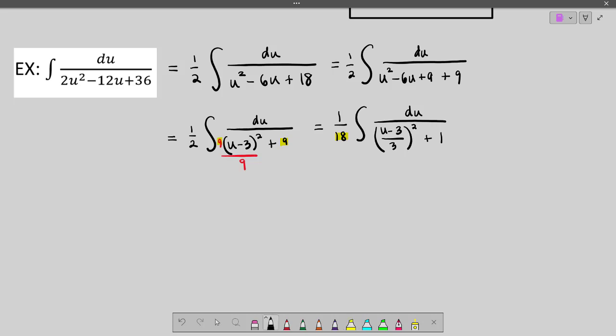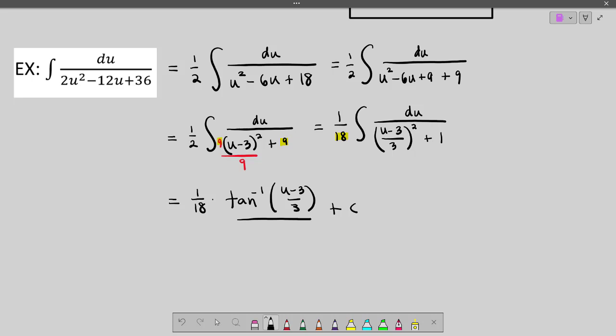So let's do that this time. So we have 1/18 arctangent of the quantity u minus 3 over 3. And what would we divide by for the reverse chain rule? 1/3. The derivative of the inside here is 1/3.